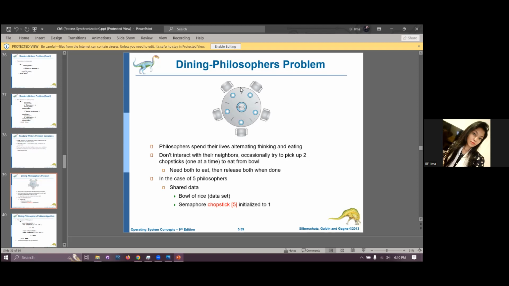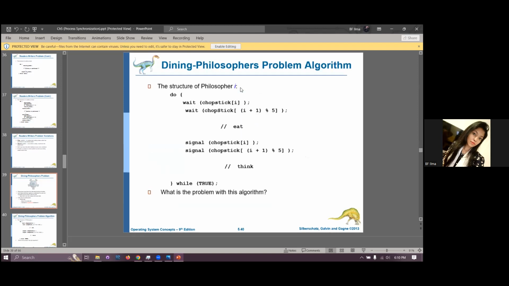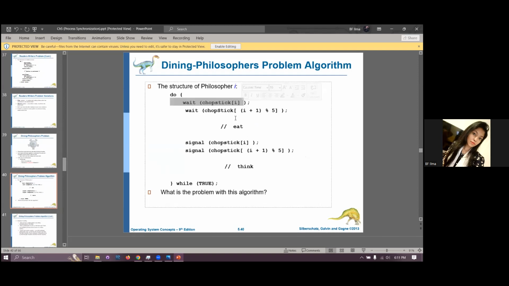So therefore, all 5 cannot eat at the same time. This is how a philosopher eats. Again, these are all metaphors. It waits on the chopstick on its left side and then the right side. If both are available, it can eat. Otherwise, it cannot. And after eating, it releases the chopsticks and then thinks.